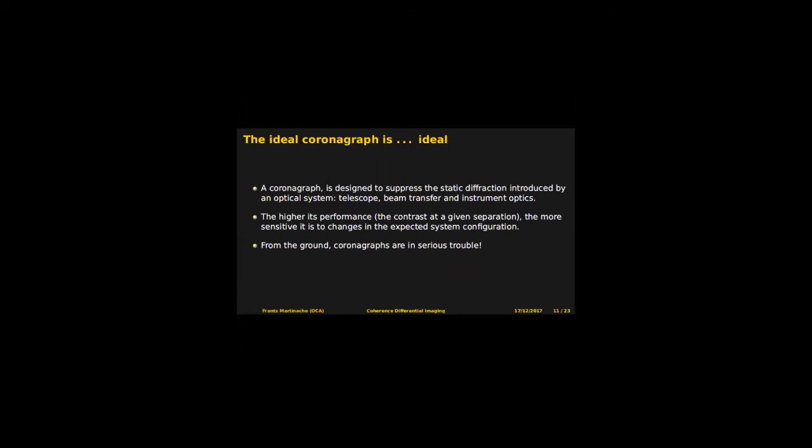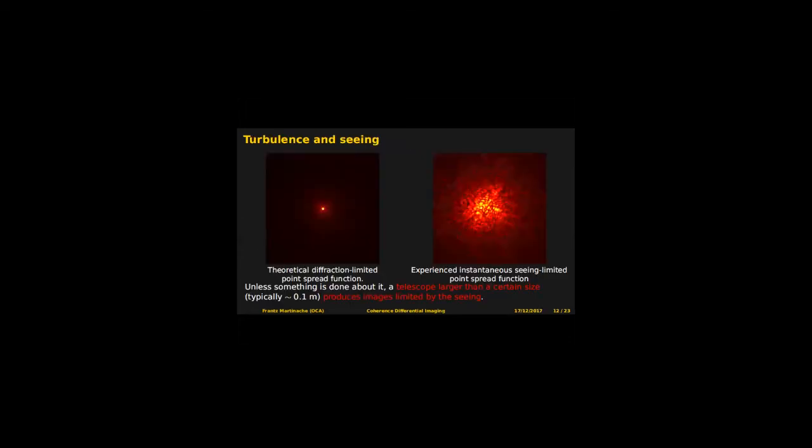And so from the ground, coronagraphs in practice are in real trouble because nothing ever looks like that. In practice, when you're looking from the ground, if you don't do anything about it, your ideal diffraction pattern essentially looks something like that.